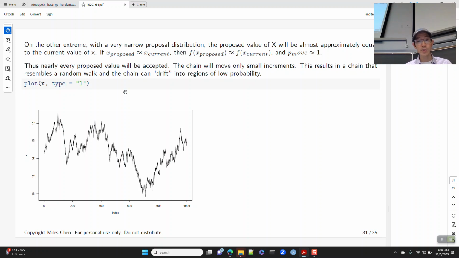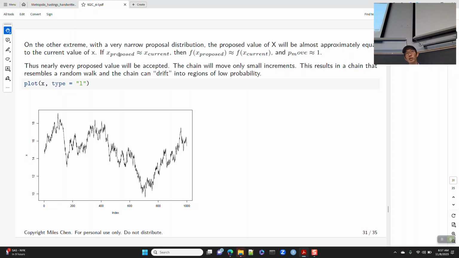So what ends up happening is that my proposed locations all end up being very close to my current location. If I start at 15, then I'm going to propose a value like 14.5, which is the most extreme value I can generate, or a value like 15.5.